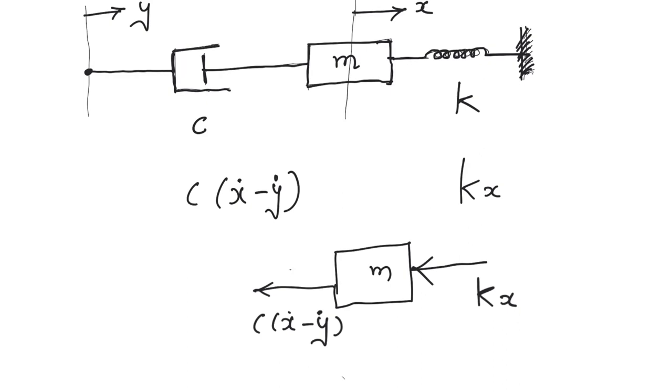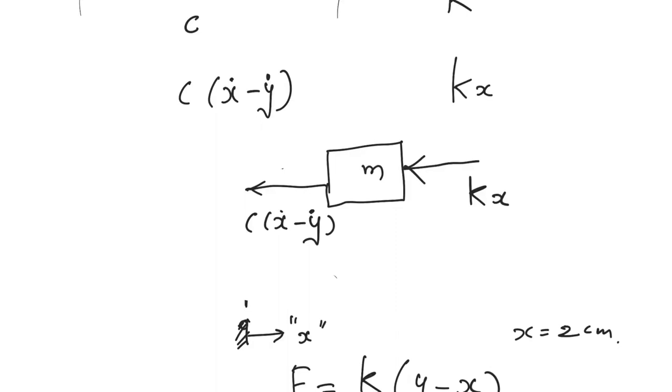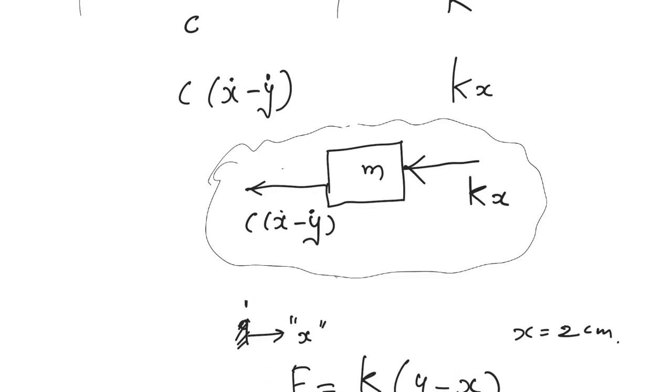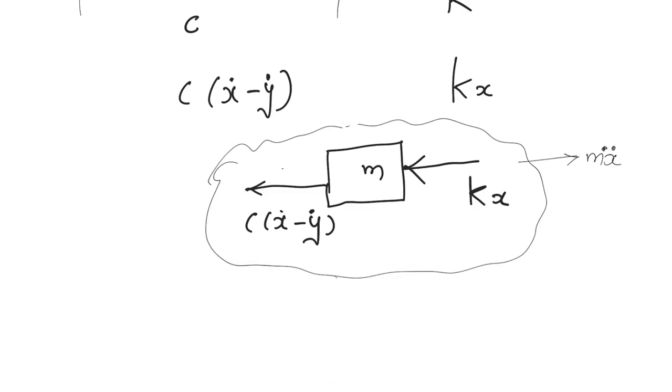The next point is that this whole system is accelerating in the x direction with an acceleration of x double dot. Then simply using Newton's second law, we will arrive at this particular expression.